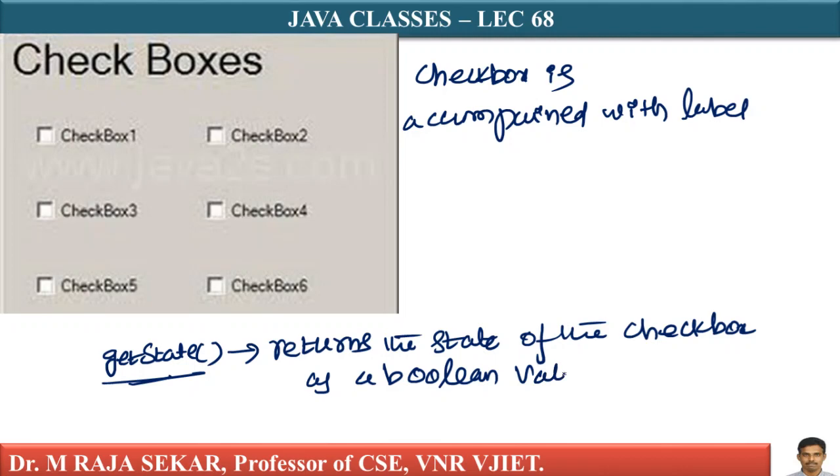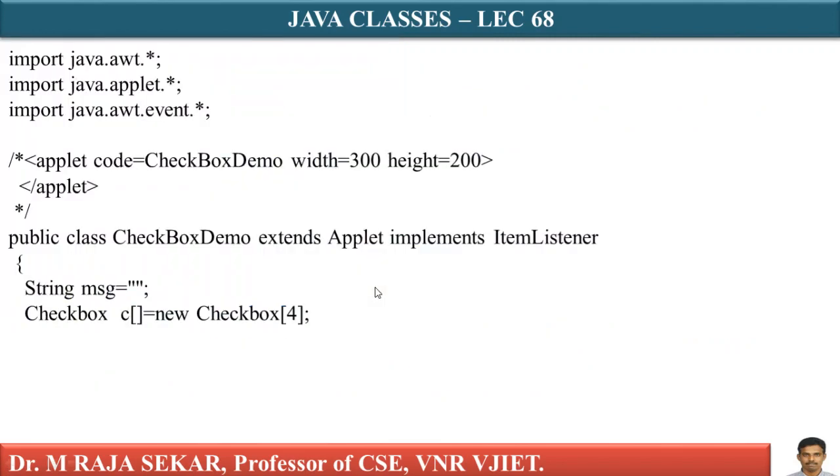How many states are there? There are two states, either on state or off state. We will try to understand this one with the simple Java program.